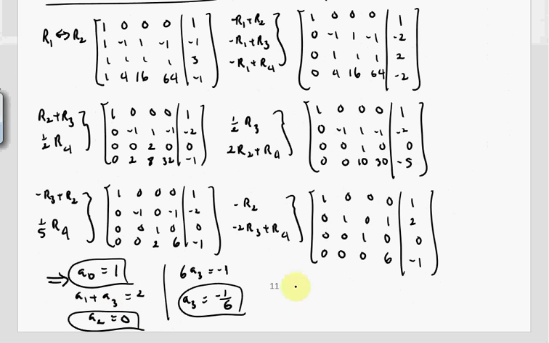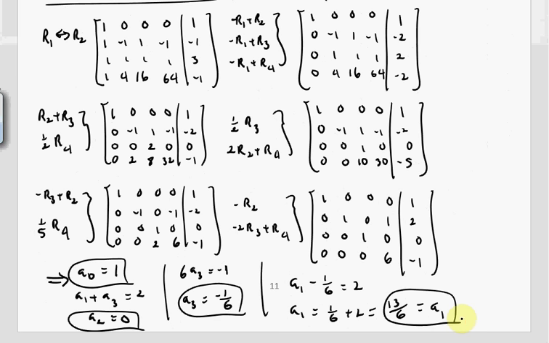We solve for A sub 1. So A sub 1 minus 1/6 is equal to 2. A sub 1 is equal to 1/6 plus 2. That's 13 over 6 for A sub 1. And we can write the polynomial.